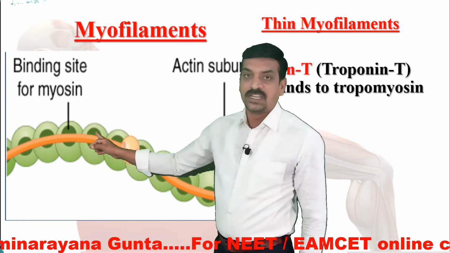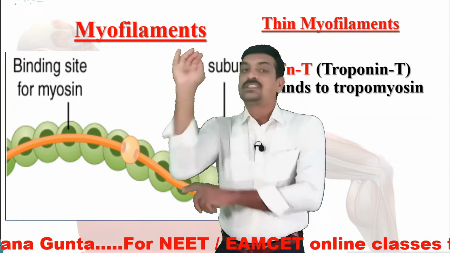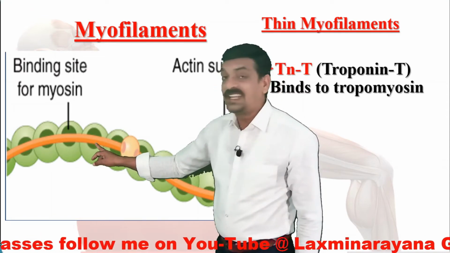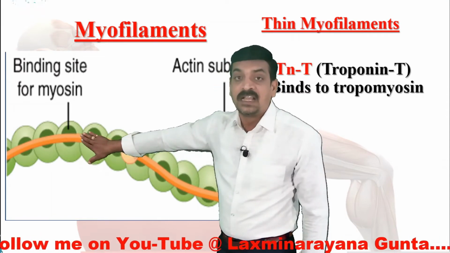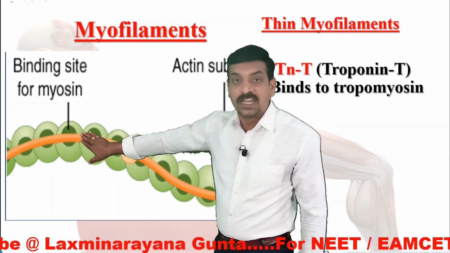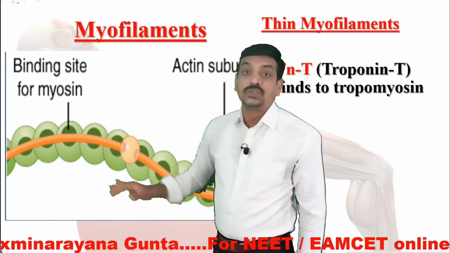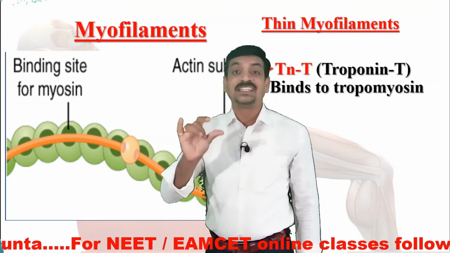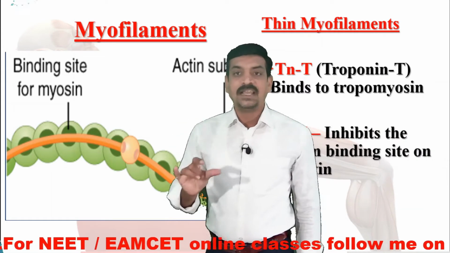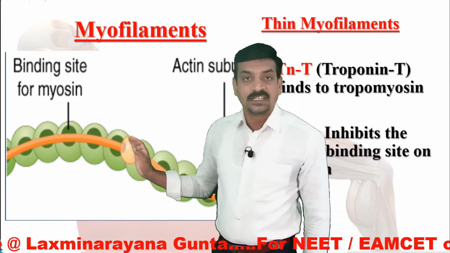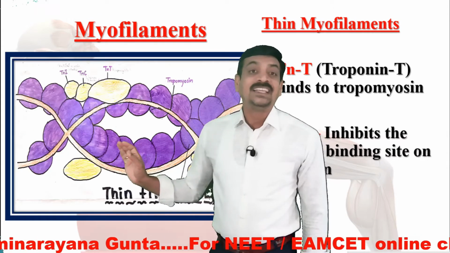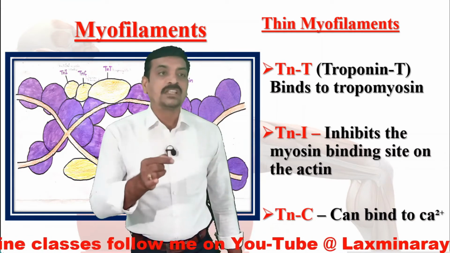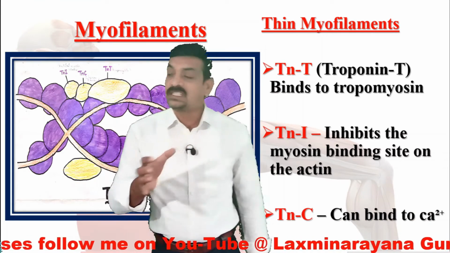The myosin heads come and attach with the active site of the actin filament, and this TNI inhibits the binding of the myosin head with this active site during the resting stage. That's why it is called TNI. The next troponin is TNC. C indicates calcium. The calcium ions come and attach with the TNC.